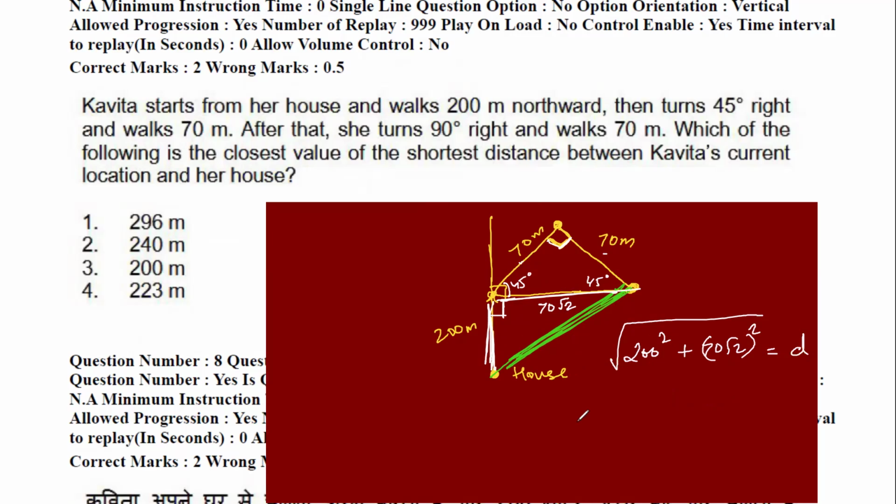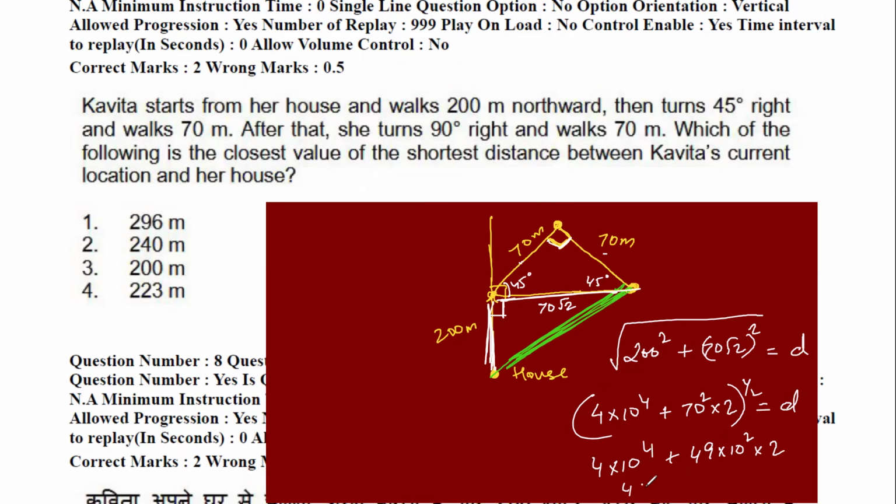So then under root the whole thing, we have 4 into 10 to the power 4 plus 70 squared into 2. Square root can also be written as to the power half, the whole thing to the power half. So then we have 4 into 10 to the power 4 plus 49 into 10 squared into 2.